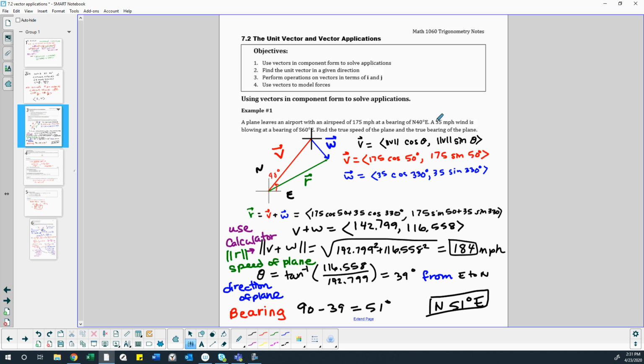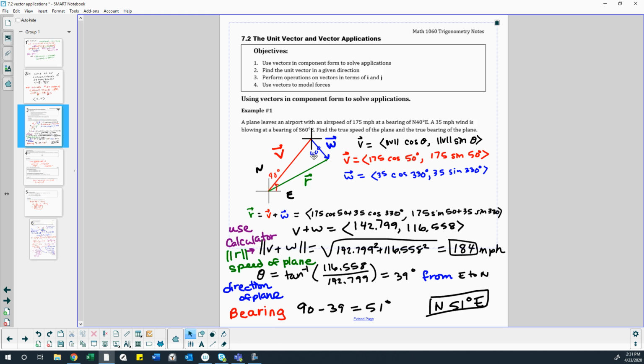Then we have the wind vector, which we're using W. That has a magnitude of 35 miles per hour. This time we're going to use an angle of 330 degrees. Let me show you why. This was a 60-degree angle because our bearing is south, 60 degrees east.